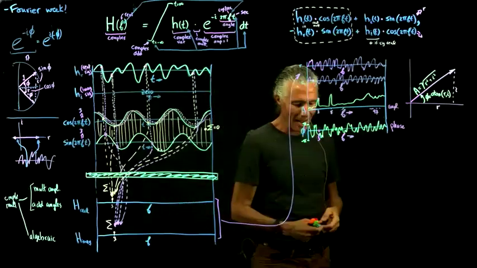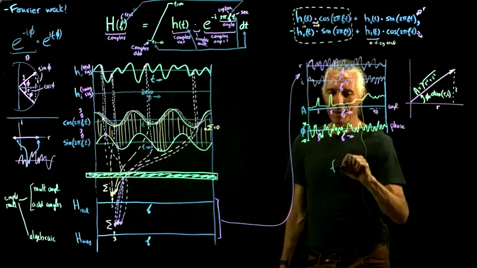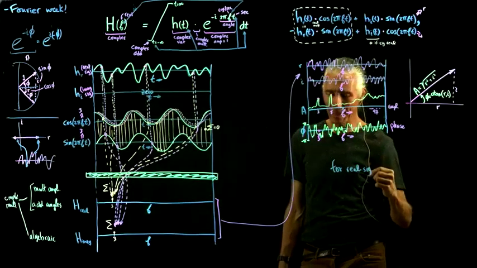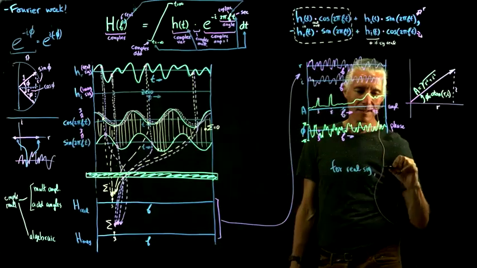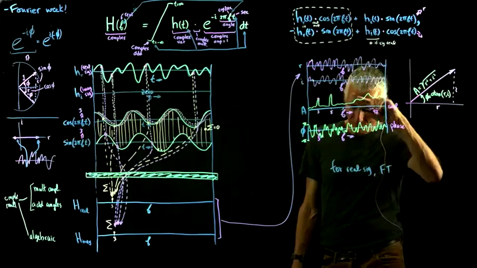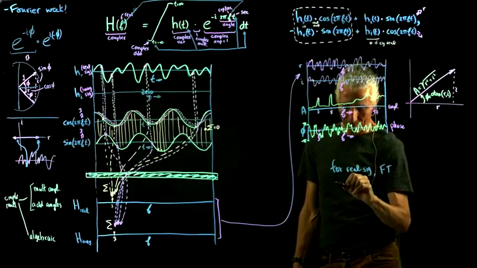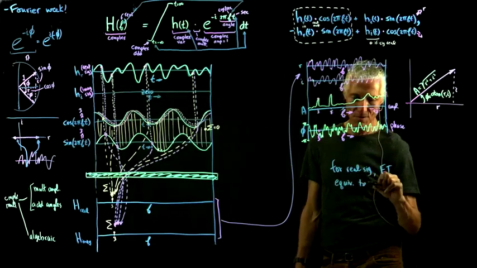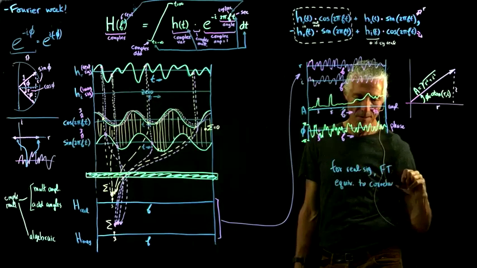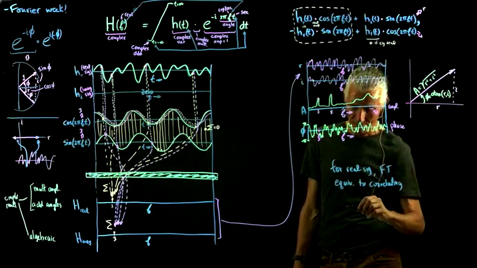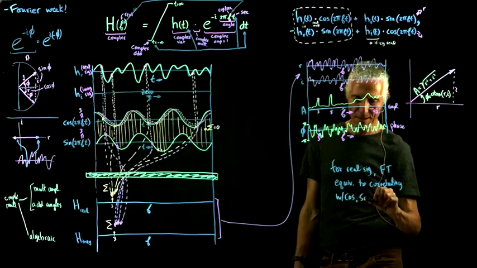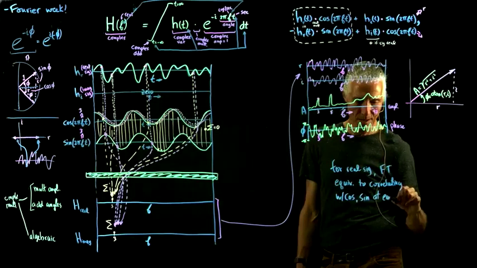So what's the bottom line? The bottom line is, for a real signal, it's a little more complicated with a complex signal, but for a real signal, the Fourier transform is equivalent to correlating with cosine and sine at each frequency.